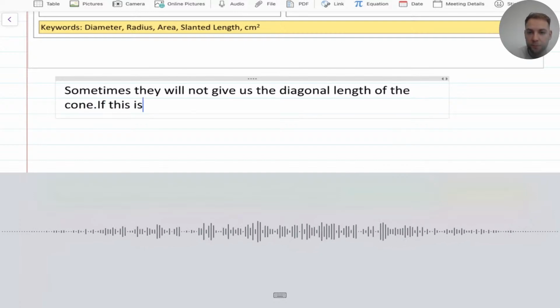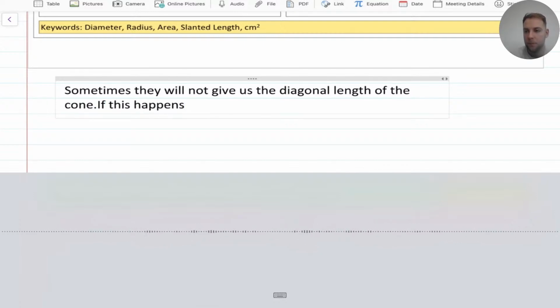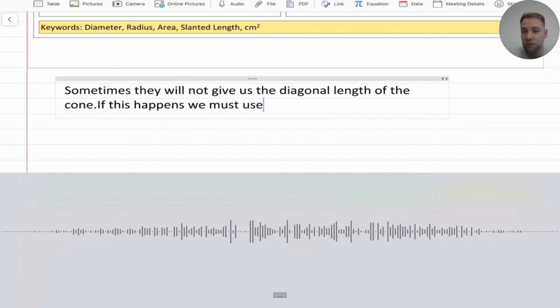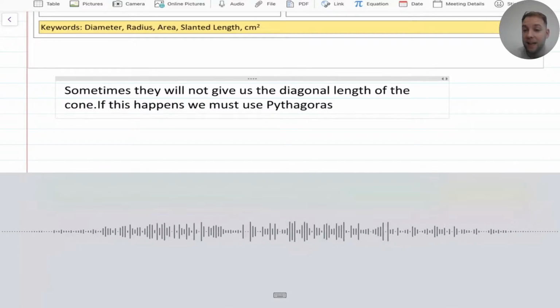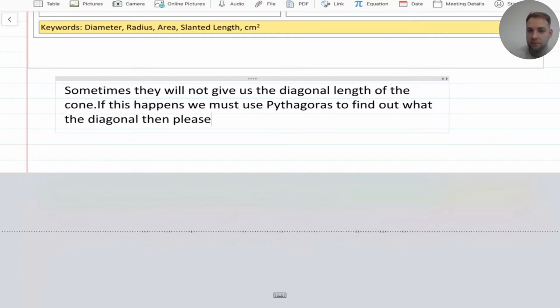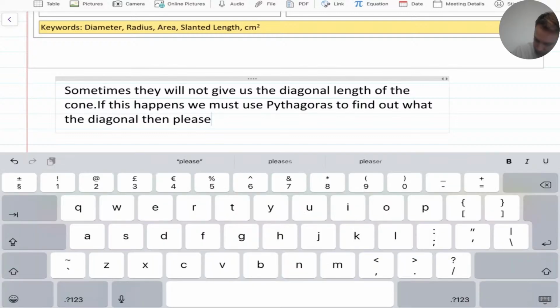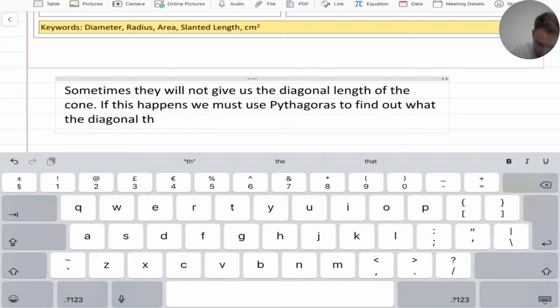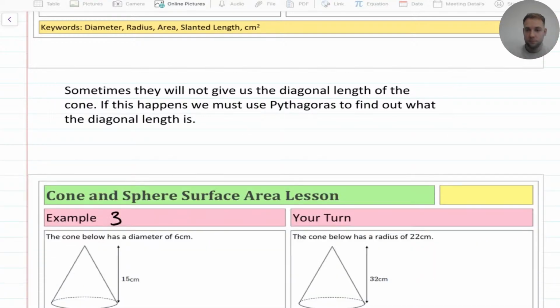If this happens, we must use Pythagoras to find out what the diagonal length is. So sometimes they will not give us that diagonal length, and if this happens, then we've got to use Pythagoras to find that length.